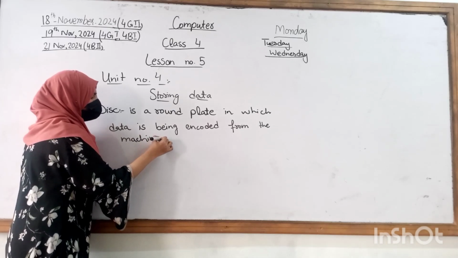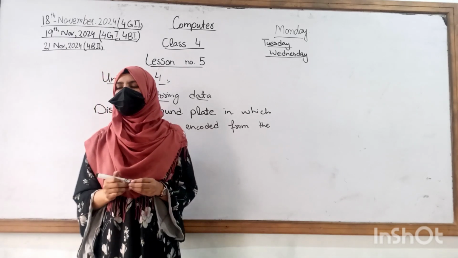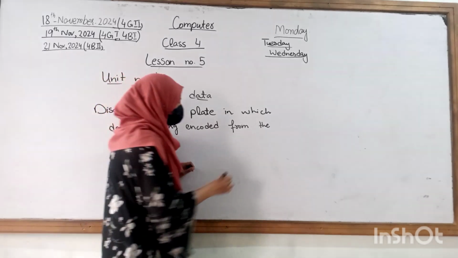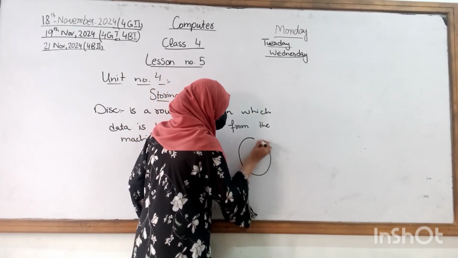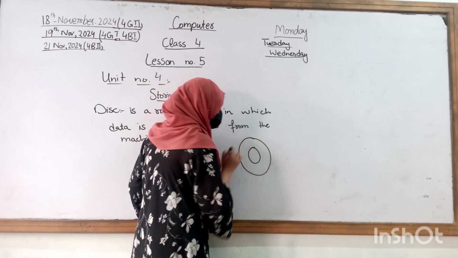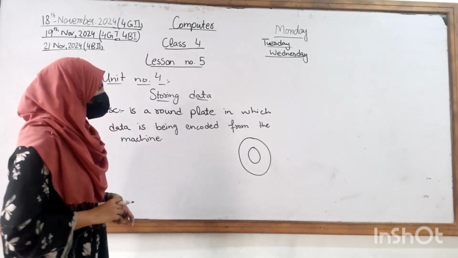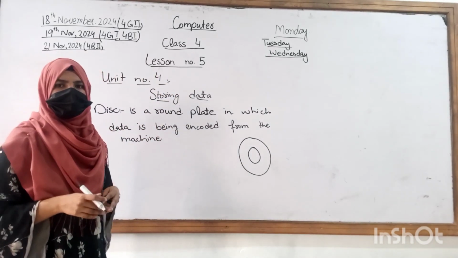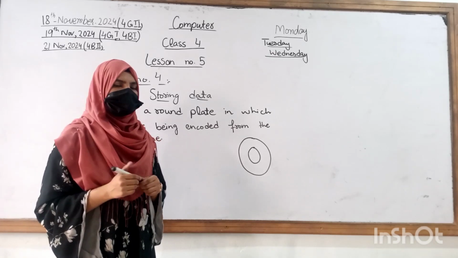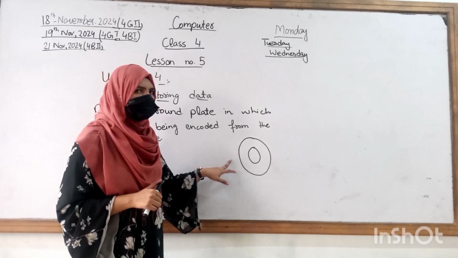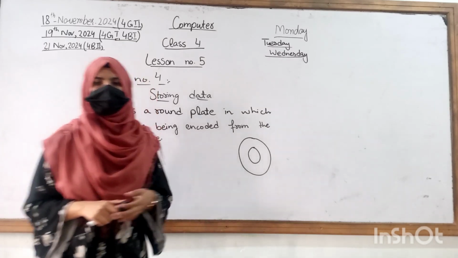So all of you have seen a machine? Yes, Ahmed. Very good. So as you can see, this is a disk. It is a round plate on which we can store our data after being processed, after being coded. After our data is coded, it will be stored in the disk.